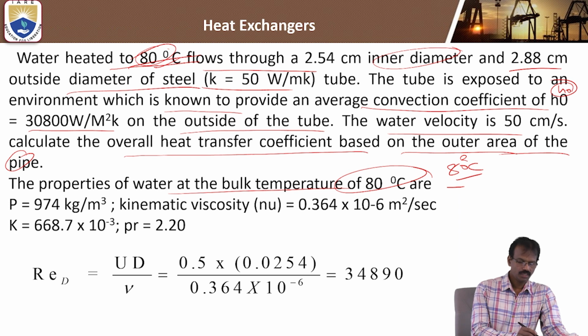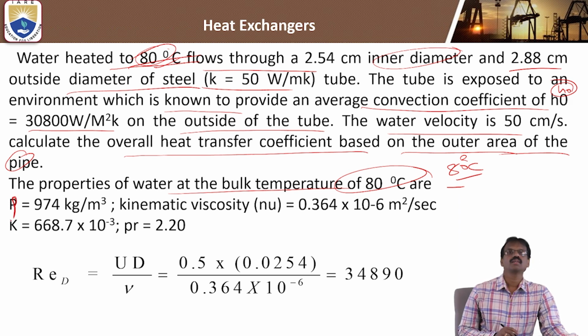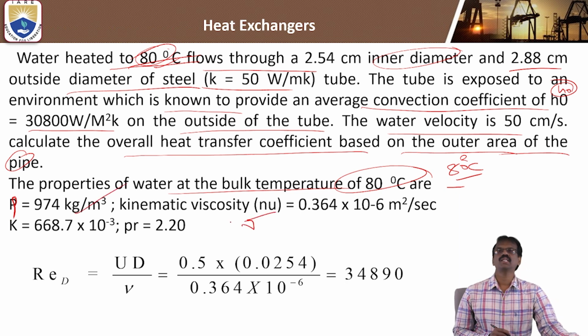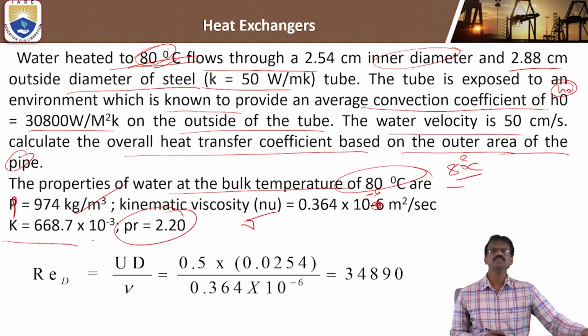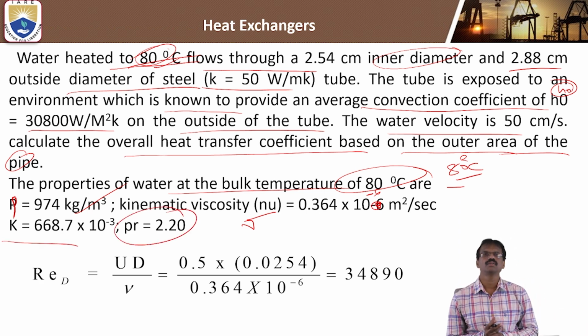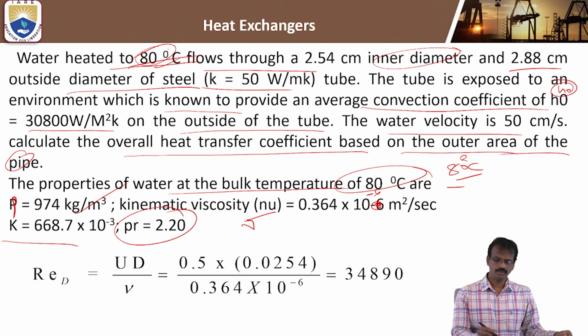Here, density rho is equal to 974 kg per meter cube. This is the kinematic viscosity nu, equal to 0.364 into 10 to the power minus 6 meter square per second. Thermal conductivity is also given. This one is the Prandtl number. These four properties of the fluid are very important to solve for the rate of heat transfer of the inner surface, because the outer surface has been given. You have to find out the Hi. If you know the Hi and H naught, you can find out the U naught.